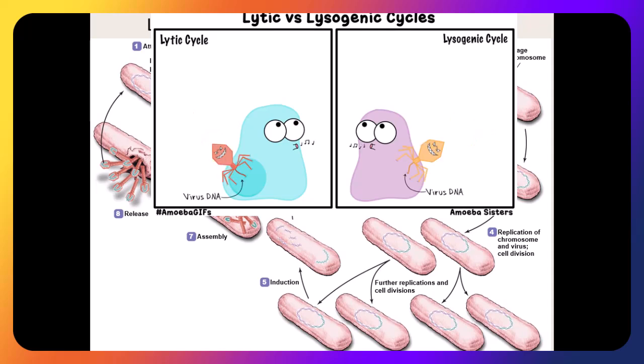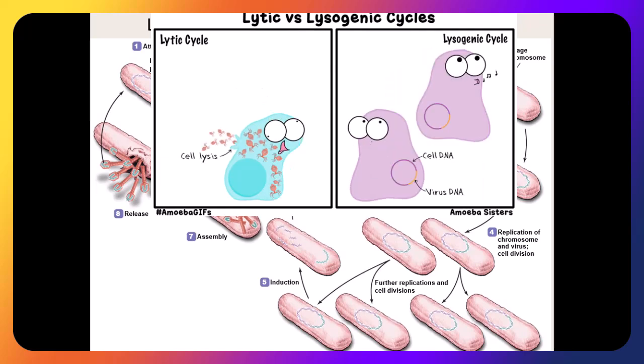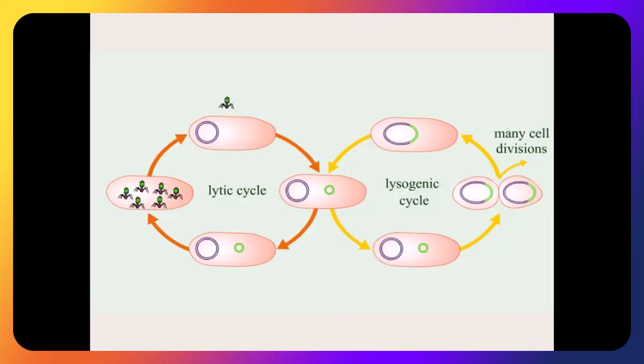Something will trigger it, whether temperature, immune system, something will trigger it to go right back into that lytic cycle. Another comparison. Lytic cycle goes in, becomes a factory, makes lots of viruses. Lysogenic goes in, incorporates itself in there, cells will reproduce with new viral DNA.